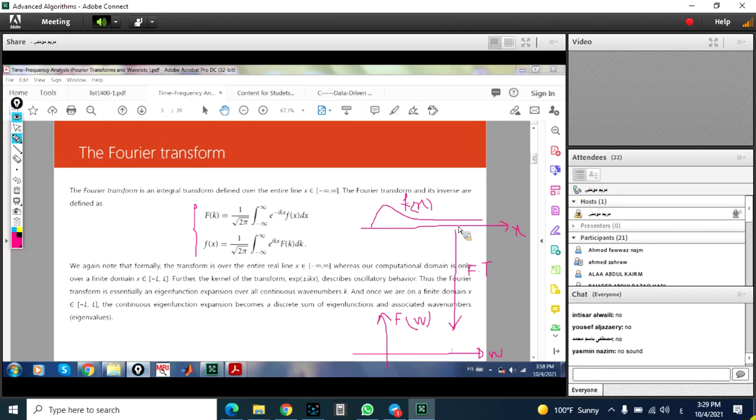In image processing and signal processing, the information is better represented in Fourier space.